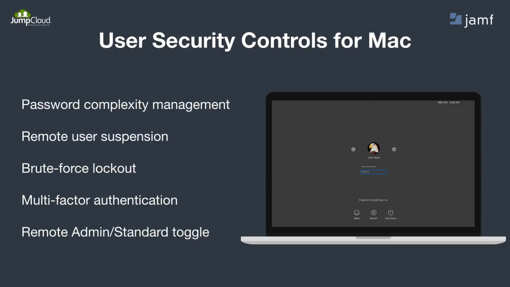You actually see a screenshot of this, of our fictitious user, Justin Boyle, we've been picking on. You see that the password is entered, and the second field is for our own TOTP key generation that could be done via Duo for mobile or Google Authenticator, anything that can create a time-based one-time password. That's great. So it really shows you, again, how much JumpCloud plus Jamf allows you to secure your Macs.